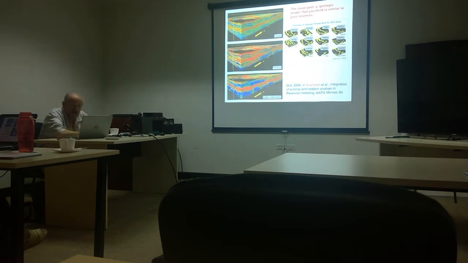The different colors represent different types of sand bodies. So you can model that. Here's a model of porosity, where the different colors represent different porosities.